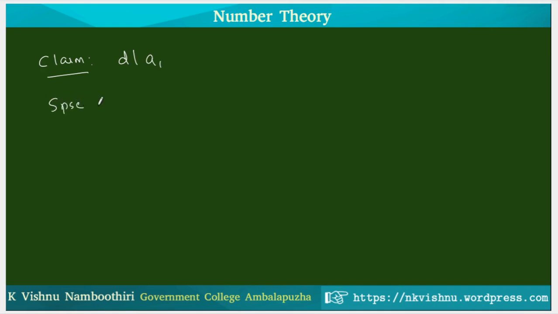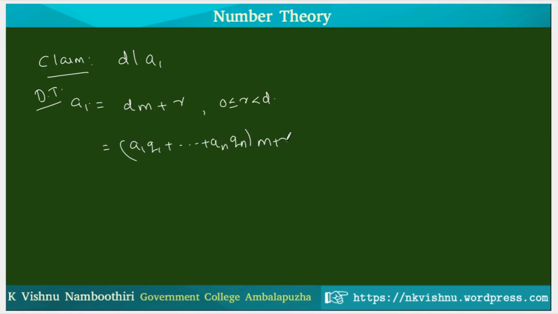Suppose not; otherwise, we will write, by the division theorem, a1 equals D into m plus r, where 0 is less than or equal to r, which is less than D. Now, note that D is equal to a1q1 plus etc. plus anqn, this into m plus r.